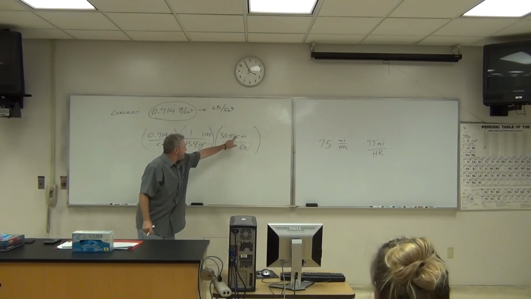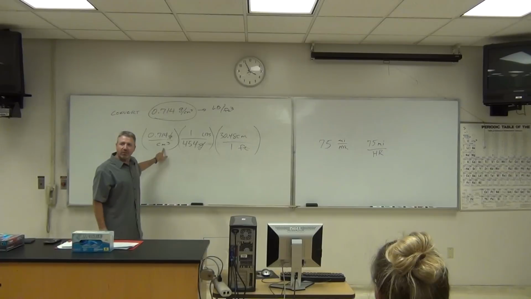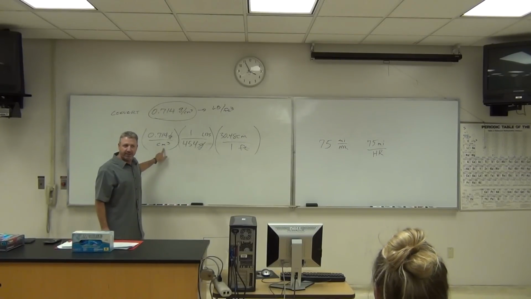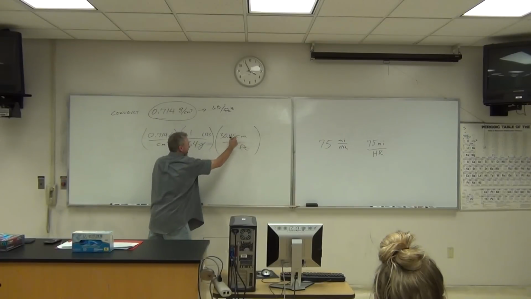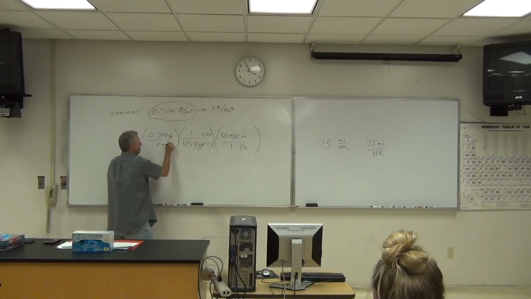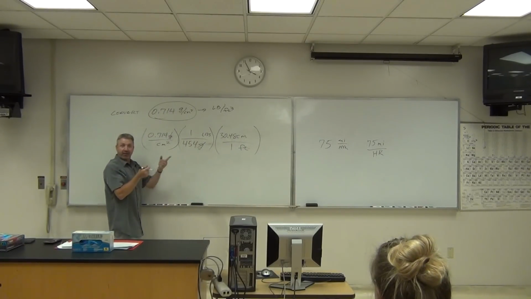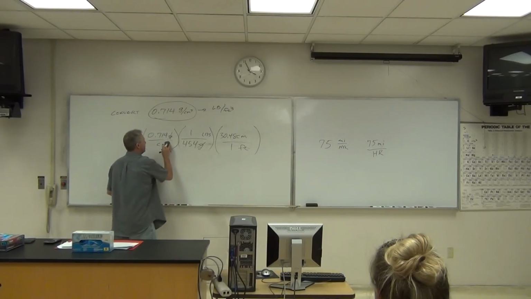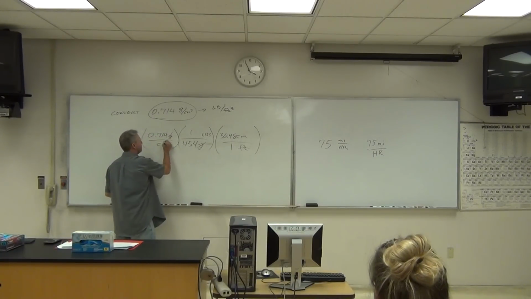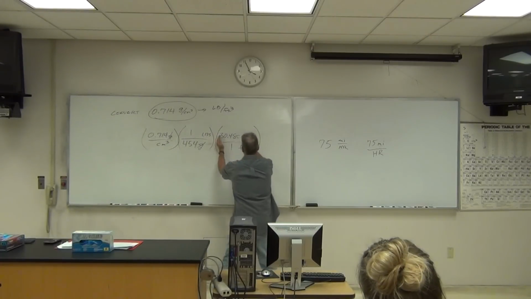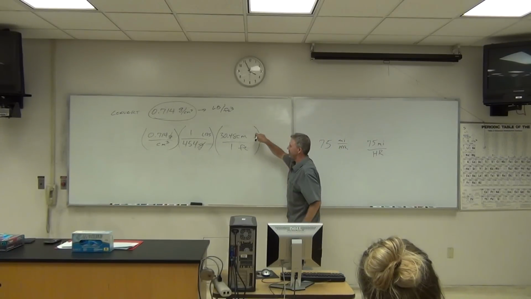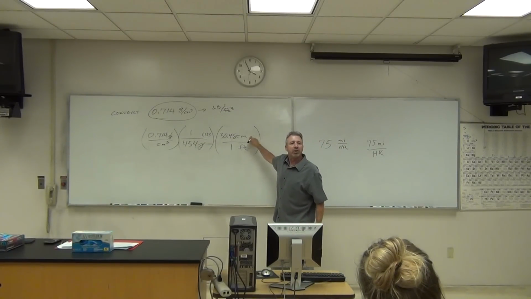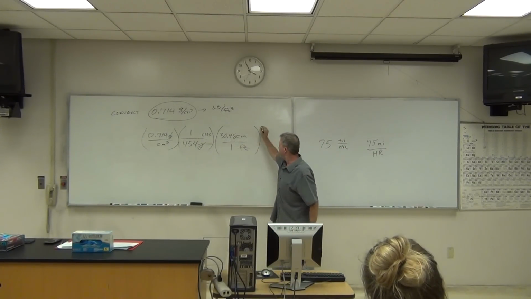Unfortunately, this unit will not cancel with that unit. But if I could cancel this with that, I could cancel one of the units away. So with that in mind, if I put another one of these here and another one here, then I would have centimeter, centimeter, centimeter. That's centimeter cubed. That'll cancel.